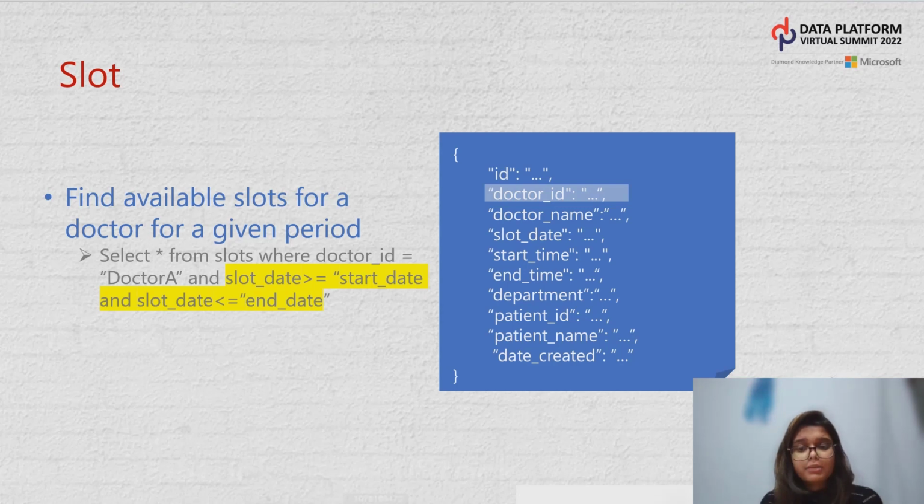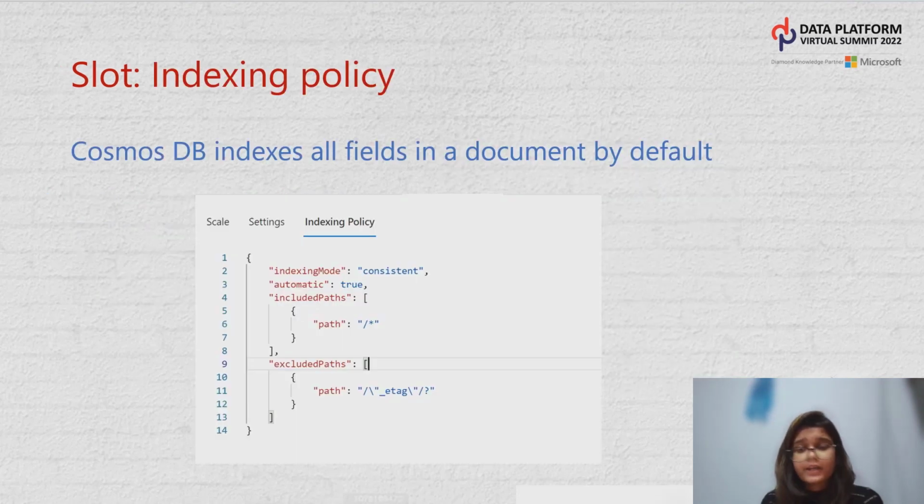Index in Cosmos DB is not very different from what is in relational workloads. It's pretty similar. Cosmos DB defines a default indexing policy where all the fields in the document are going to be indexed by default.